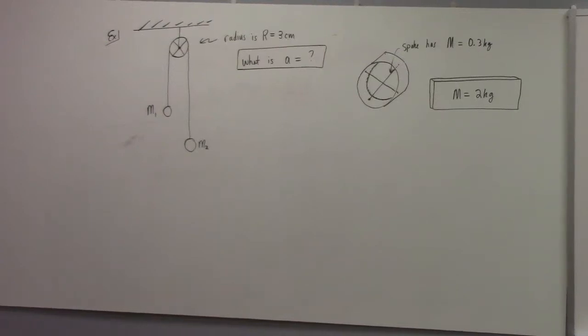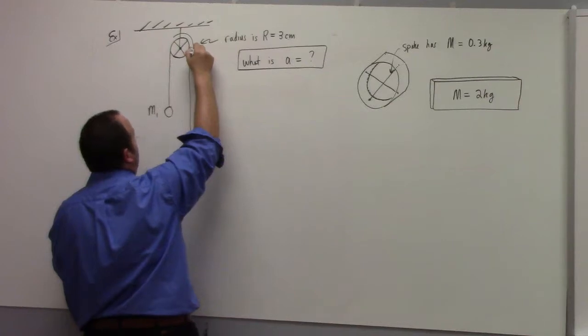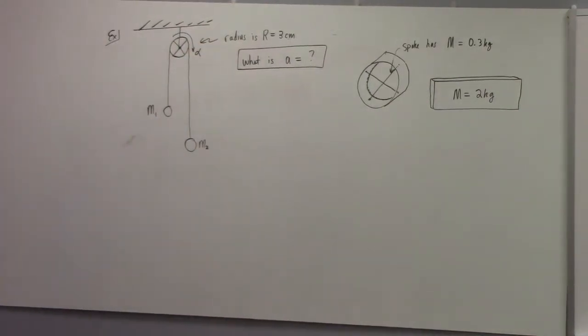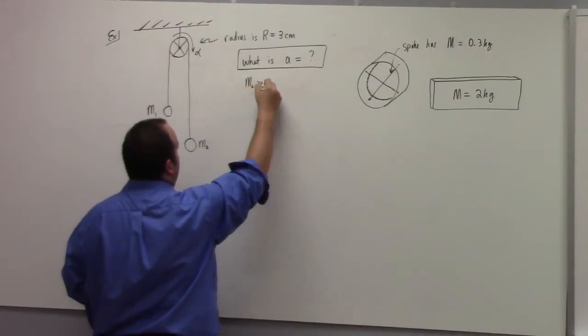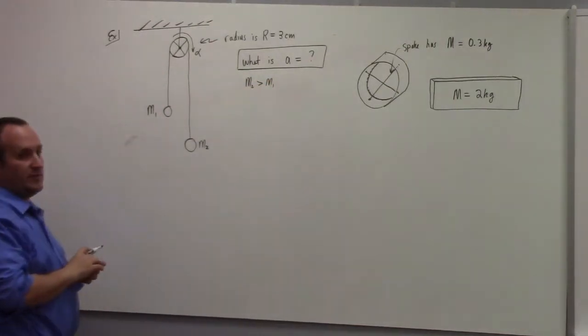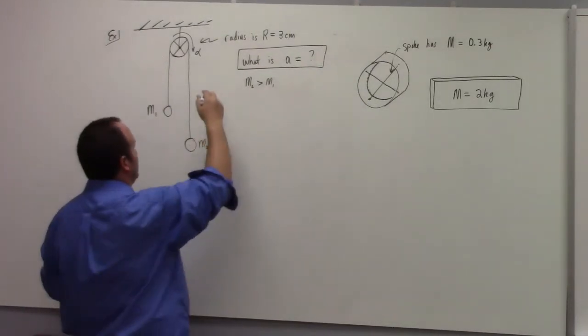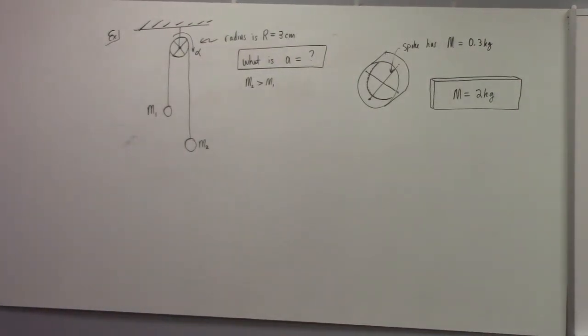So we can talk about a couple different things. One of the things we can talk about is the angular acceleration, alpha, of the pulley around the center point. How is the angular acceleration related to the linear acceleration a? Just to keep things relatively simple, let's assume that m2 is greater than m1, so it's going to be falling this way, and we'll take this as the positive direction, so as not to confuse people.